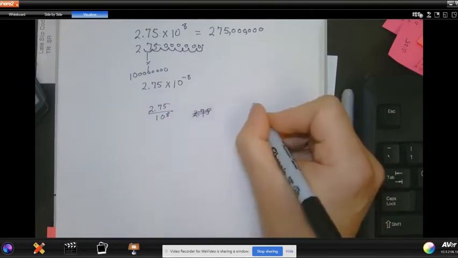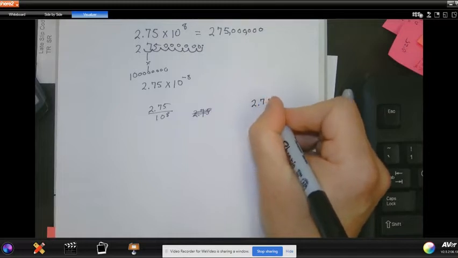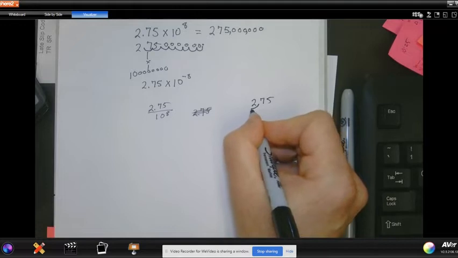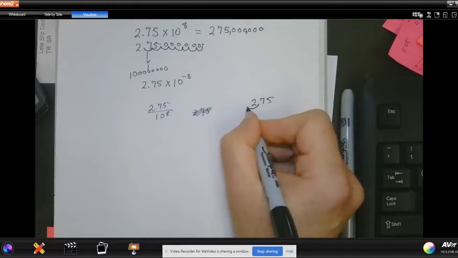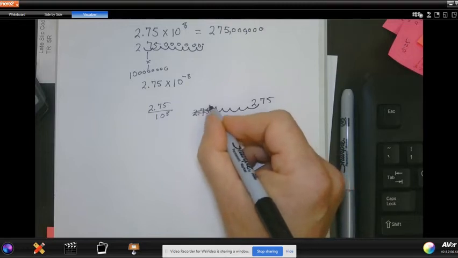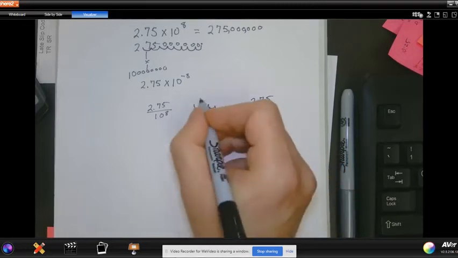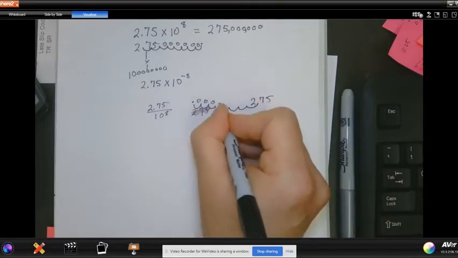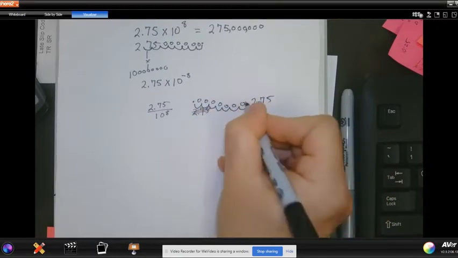Oh, I wrote that in a bad place. 2.75. I'm going to move the decimal point. Well, I'm dividing. So I'm going to move the decimal point to the other side to make a really small number. 1, 2, 3, 4, 5, 6, 7, 8. Put a decimal point there. And of course, we have to fill in all those empty spots with zeros.